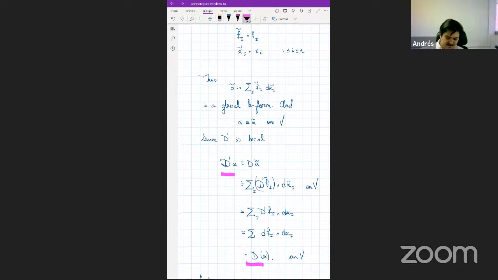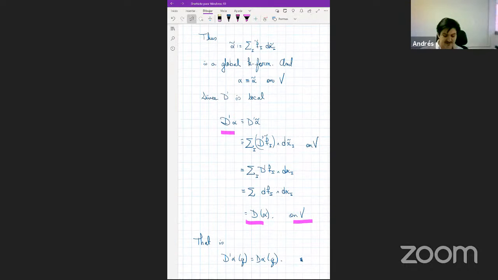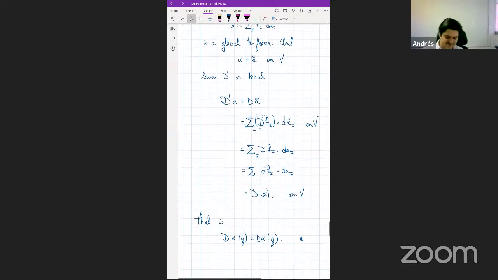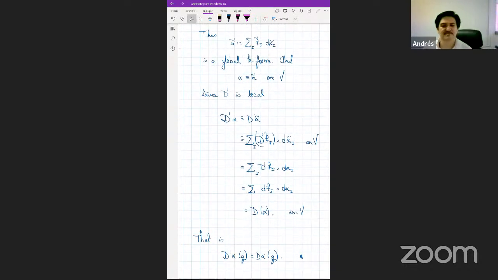They agree on V, in particular on the point Q, which was an arbitrary point. So any exterior derivative has to agree with the one that we have defined. So there can only be one exterior derivative at all.